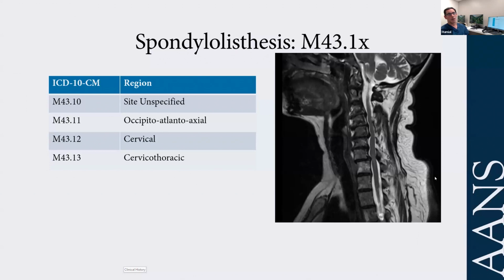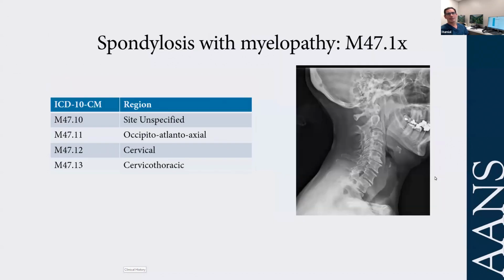You can see that there's spondylolisthesis at some of these segments at the cervical thoracic junction where the signal change abnormality resides. And so in this case, I'd be using M43.13 as part of my prior authorization. All of these are very easily found with your ICD-10 book.